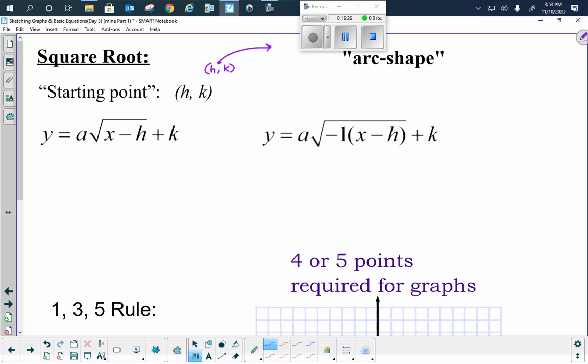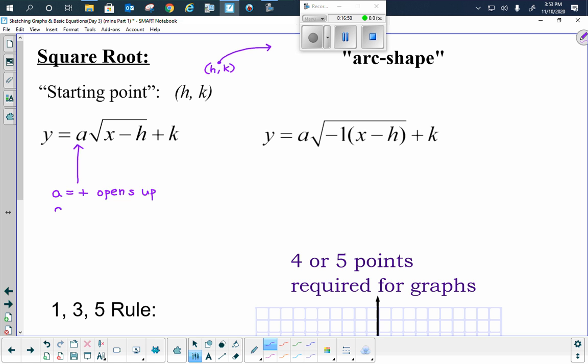We do want you to have 2 equations memorized for a square root. And it really has to do with the number that's in front of the x, whether it's positive or whether it's factored out as being a negative. So let's talk about this first, the a. Again, if a is positive, then it opens up.